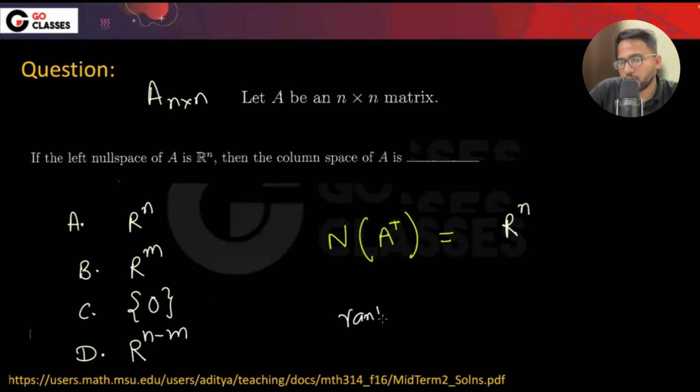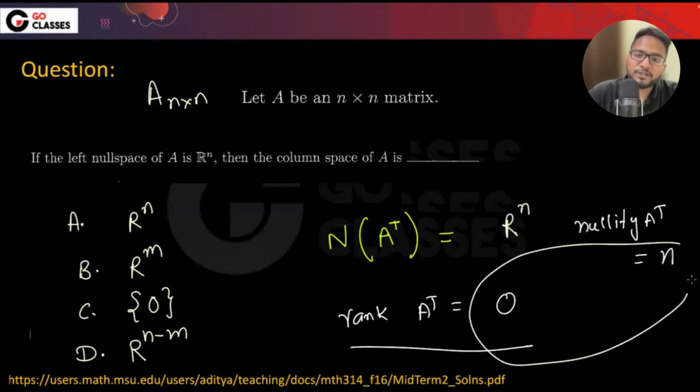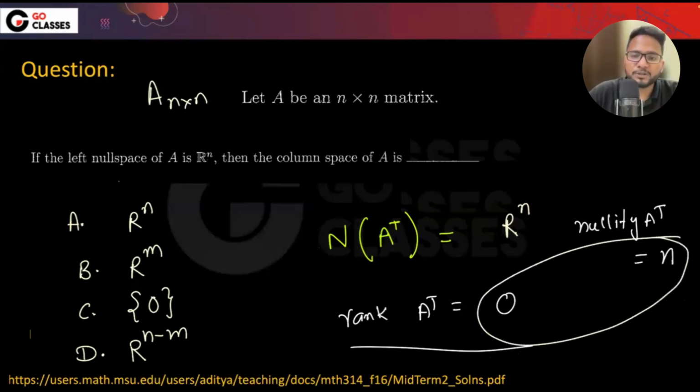Is this fine to everyone? Let's not get confused with A; we will come to A in a while. But for A transpose, the rank is zero.